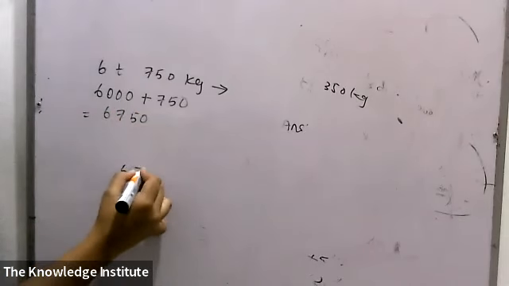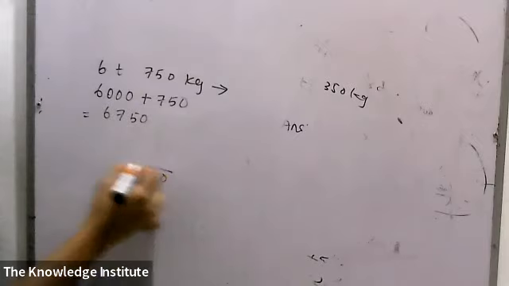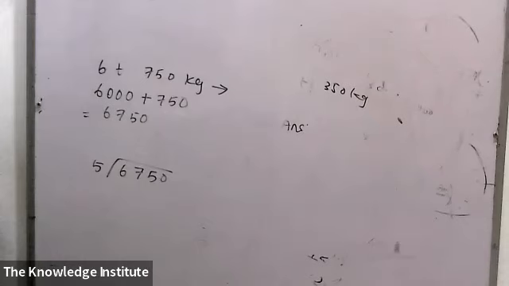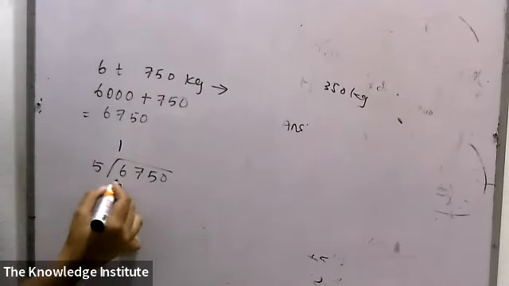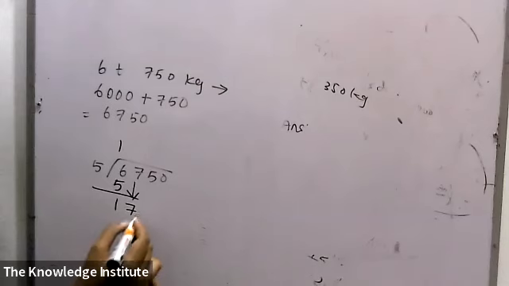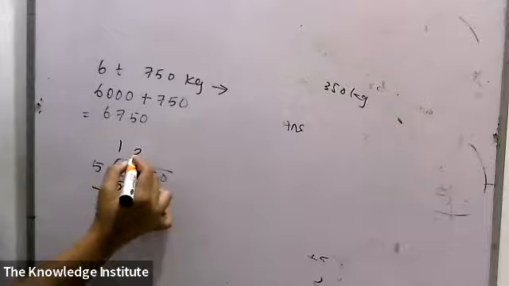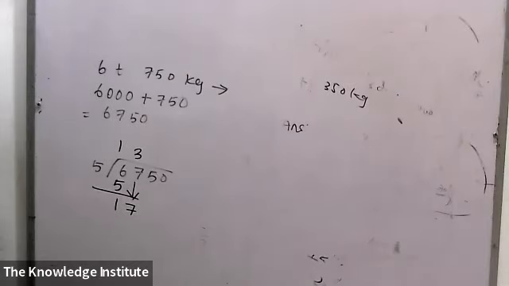So the question was, you have to divide that by 5. In 6, how many times do you find 5? 1. 5 ones are 5. There will be 1 as your remainder. 17. In 17, we find 5 3 times. So 5 threes are 15.